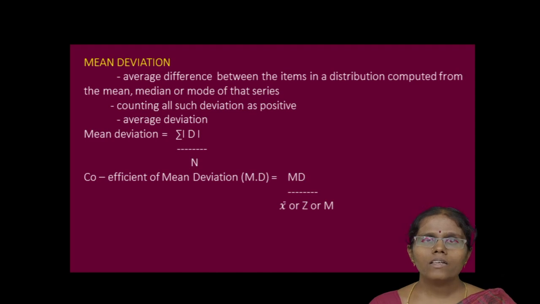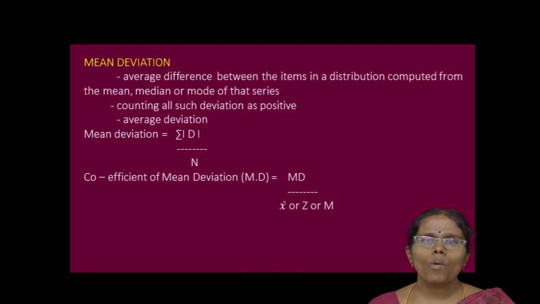The mean deviation is the summation of modulus of D divided by N for an individual series, and for a discrete series we multiply the modulus of D with the frequency.